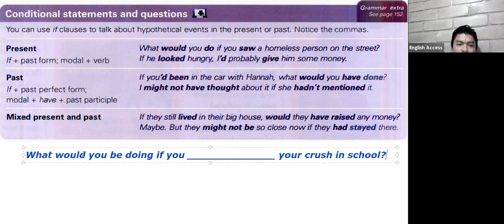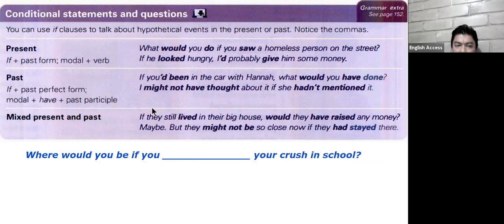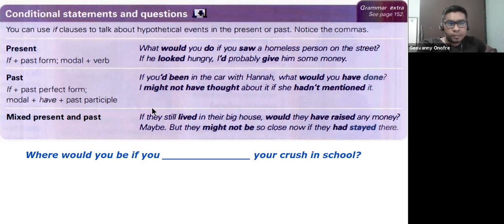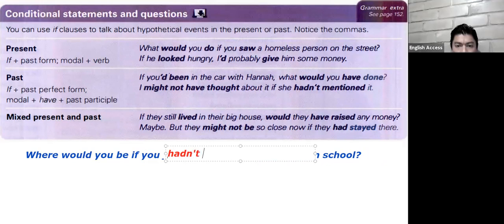Still not? I'm trying to make it more simple. Okay. Where would you be if you hadn't met your crush in school?